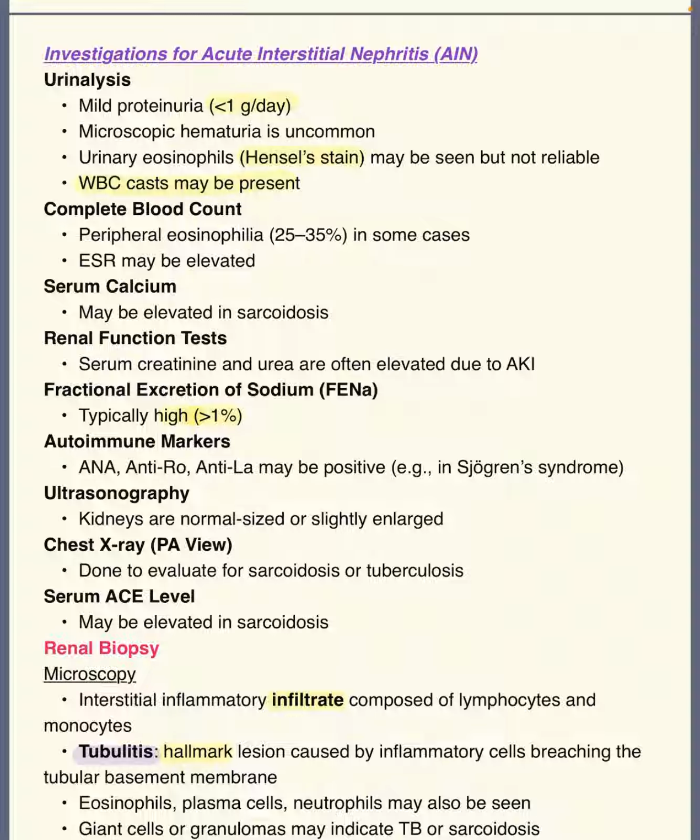Chest X-ray to identify sarcoidosis or tuberculosis, and serum ACE level may be elevated in sarcoidosis. Autoimmune profile to diagnose SLE or Sjogren syndrome: ANA, anti-Ro, and anti-La may be positive.